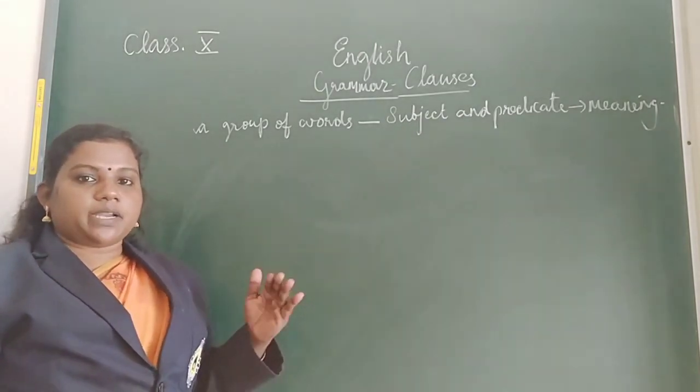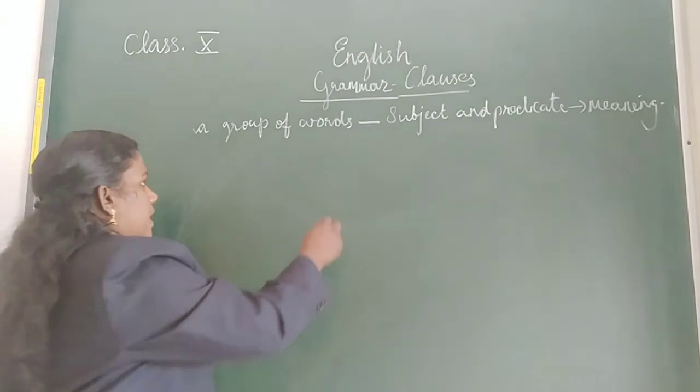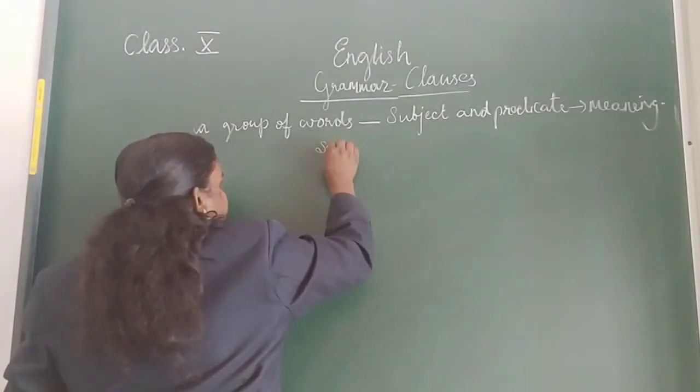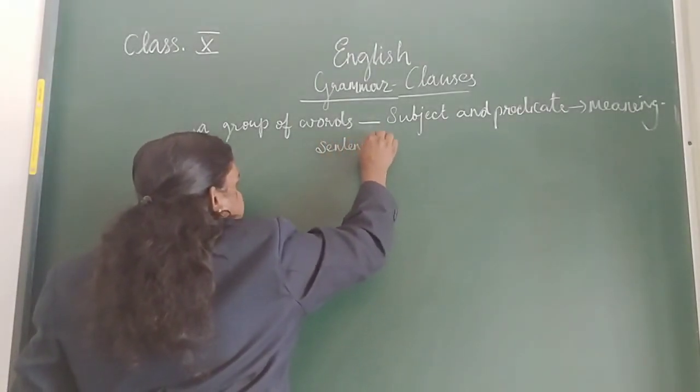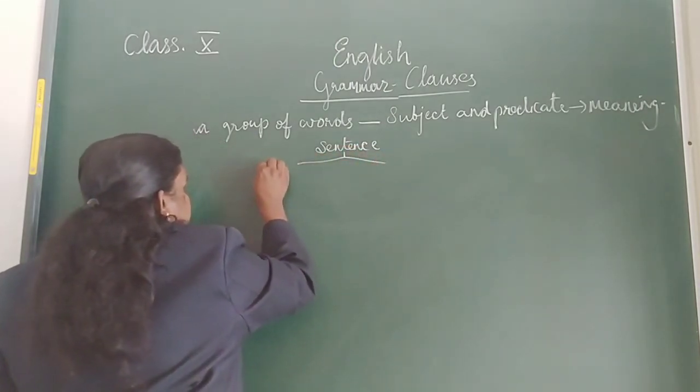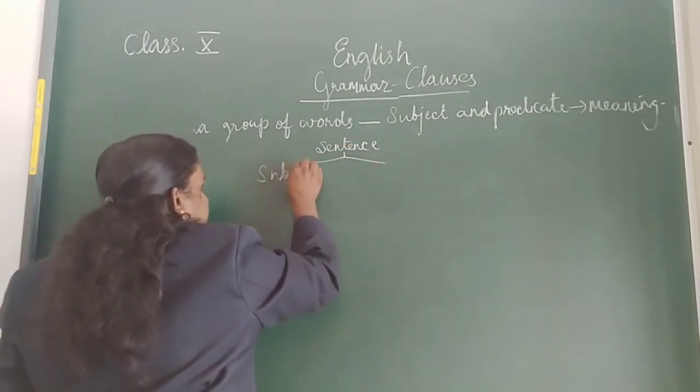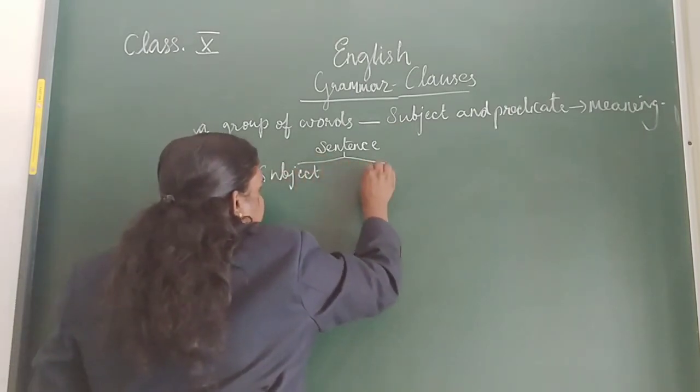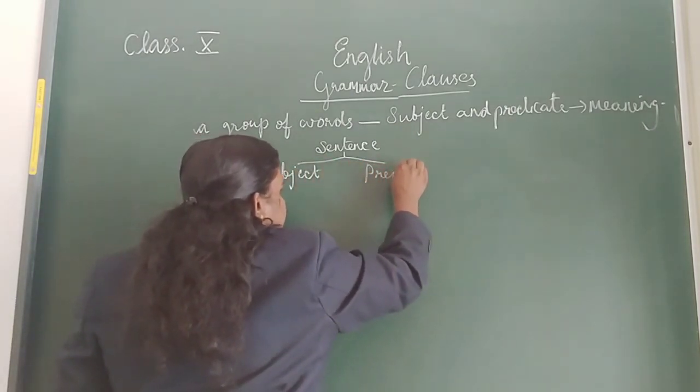Then you will get to find out what is subject and predicate. In a sentence we can see this subject and predicate. A sentence can be divided like this: subject and predicate. What is subject?